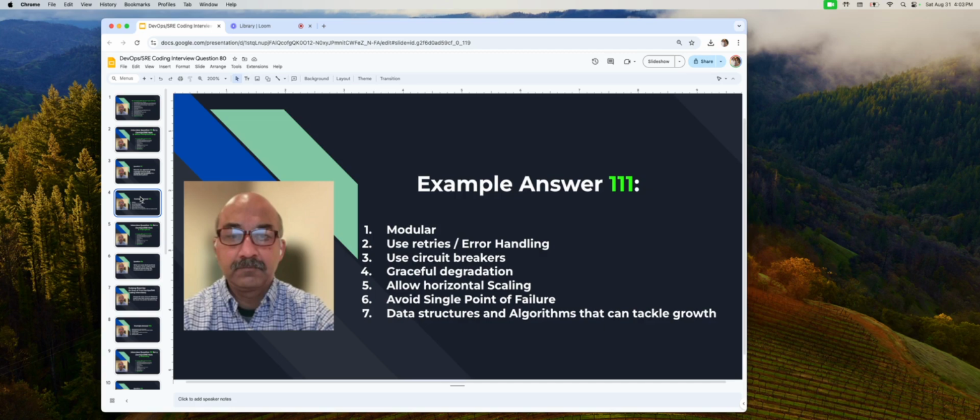Use circuit breakers. So what is a circuit breaker? This is a concept in Istio and microservices and whatnot, where if my code is reliant on another piece of code, and I am getting a whole bunch of requests, more than I can handle, your code should be able to say, you know what, no more.